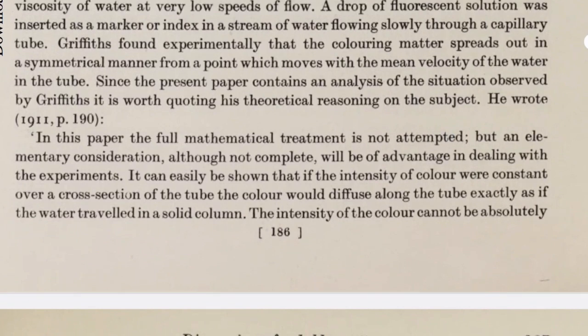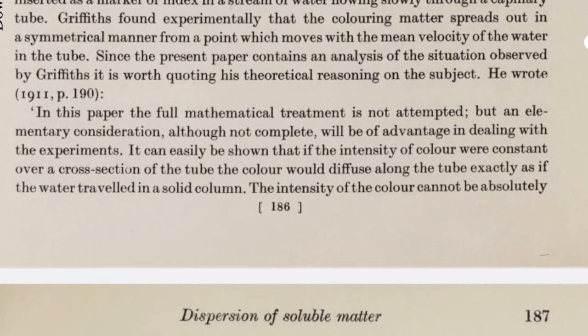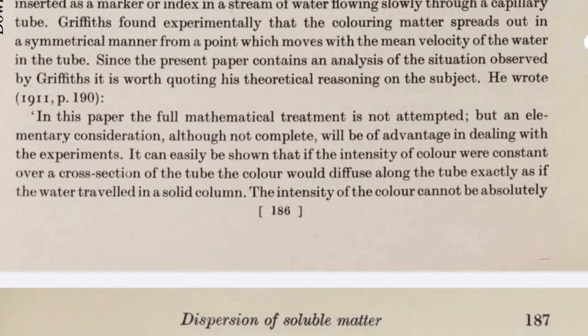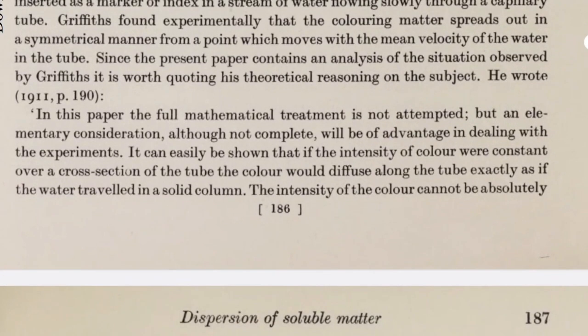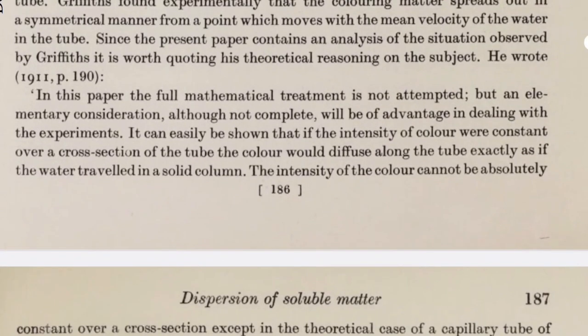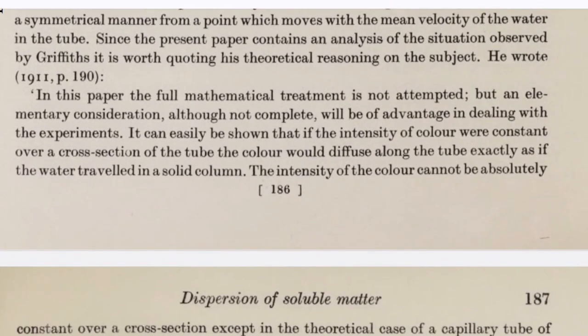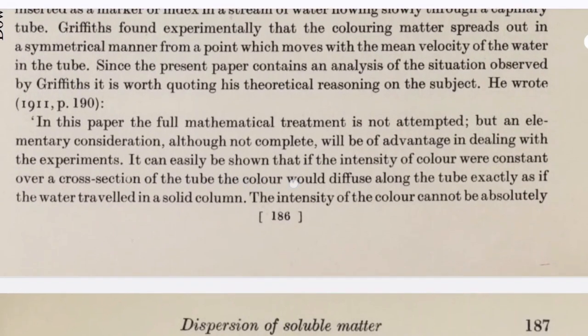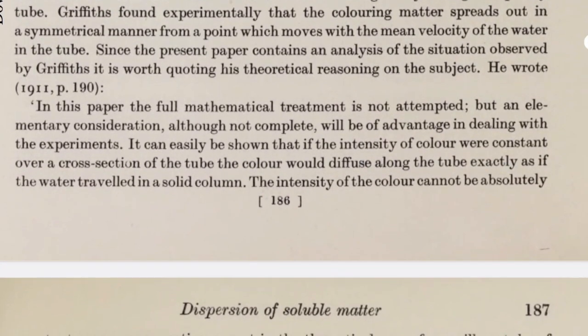And then he quotes something from Griffiths' paper in 1911, where he says that the full mathematical treatment is not attempted, but he's trying to give an elementary consideration which is incomplete, and how that's advantageous in dealing with the given experiments. And he says it can easily be shown that if the intensity of color were constant over a cross-section of the tube, the color would diffuse along the tube exactly as if it were water traveling in a solid column, which is true.